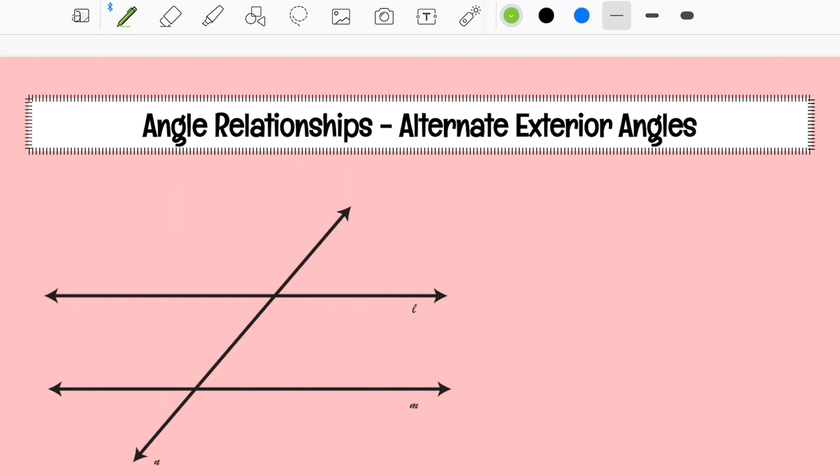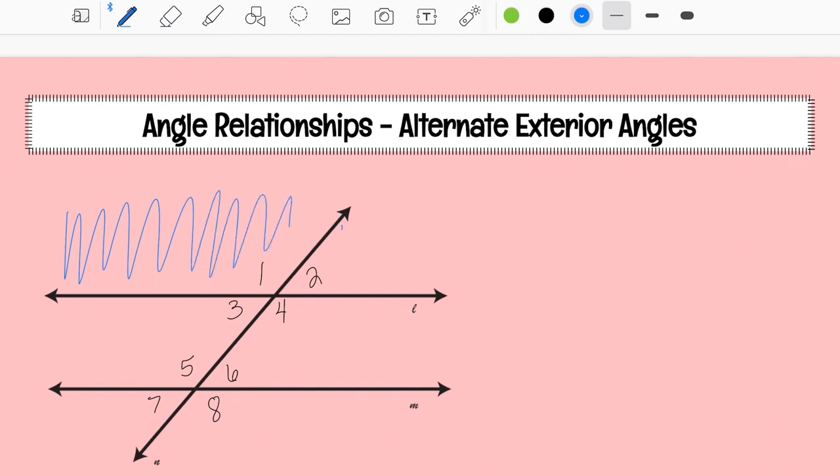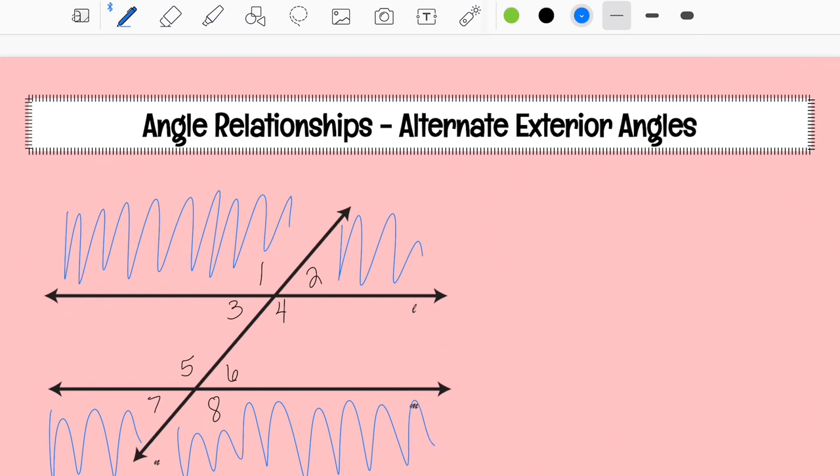Now, we're looking at exterior angles. So draw your two parallel lines, draw your transversal, and label. Because we're looking at exterior, we'll be looking at the outside. So we will not be looking at angle 3s, 4s, 5s, or 6s.